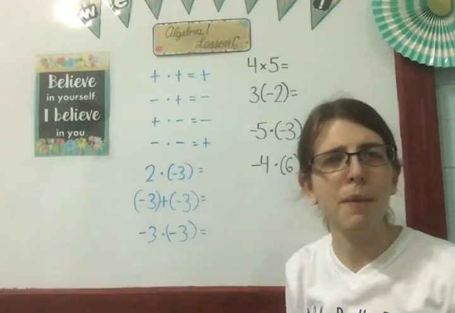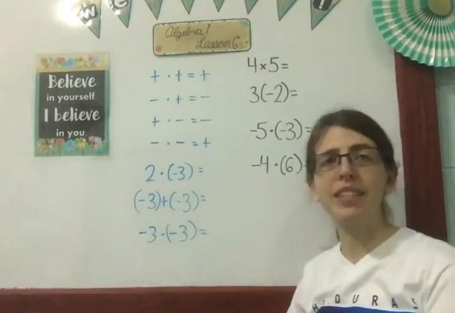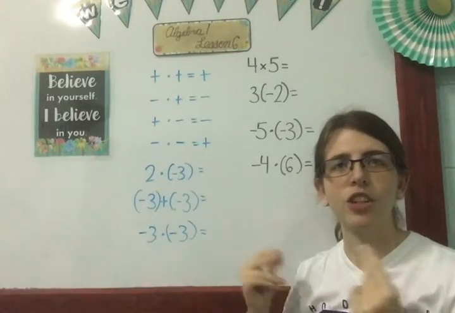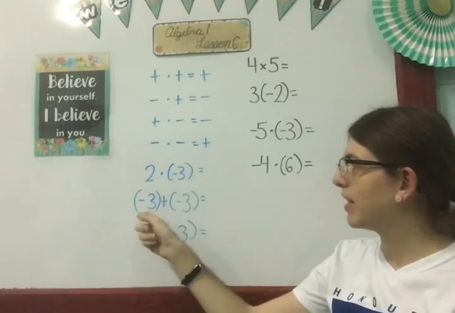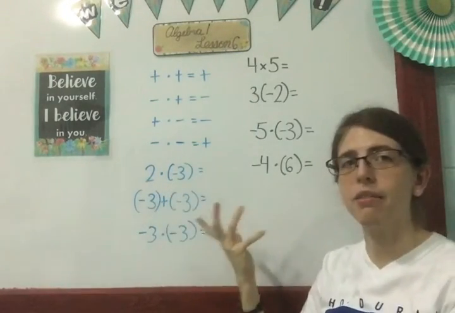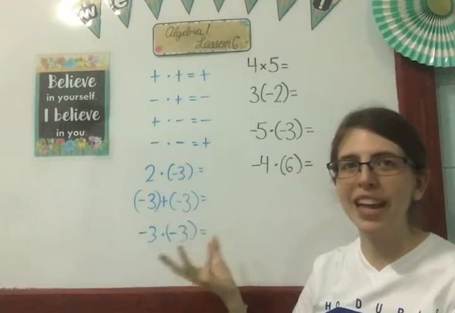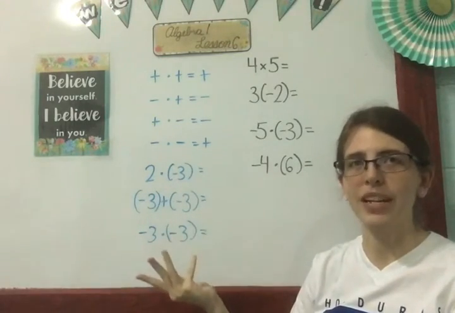Now let's talk a little bit about why that works. Let's look at this one: 2 times negative 3. Remember that multiplication is just a quick way of adding. So 2 times negative 3 just means that you have 2 negative 3's that you're putting together. So it's adding 2 negative 3's.